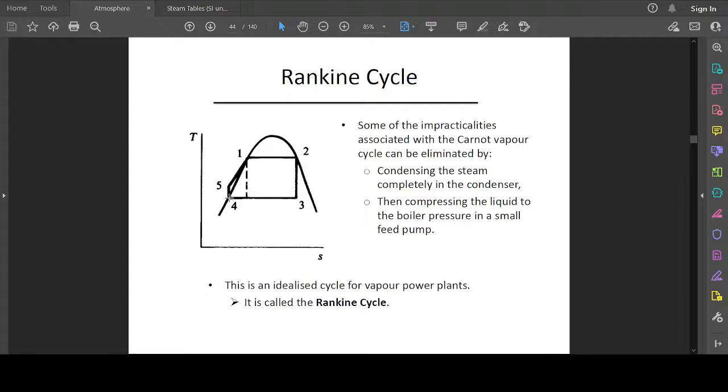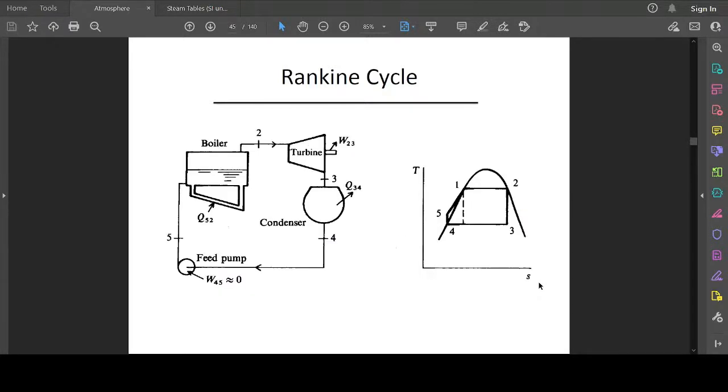That means when it gets to the pump, it is now a liquid which can be pumped, or compressed to the boiler pressure. So this is an idealized cycle for vapor power plants. It is called the Rankine cycle.